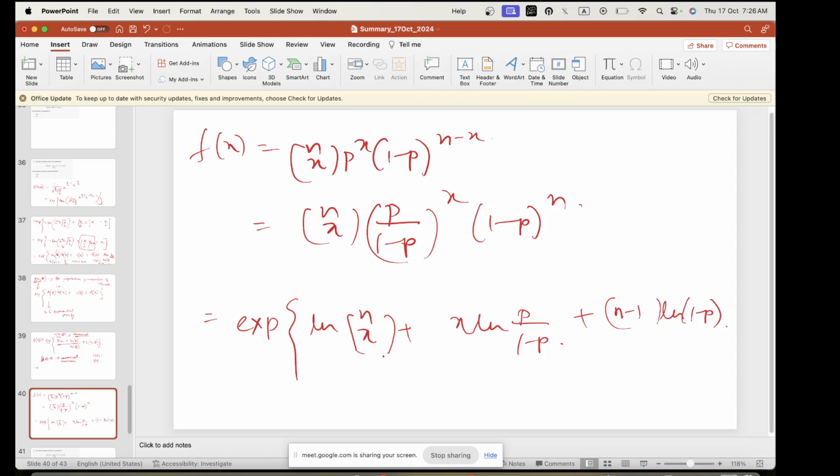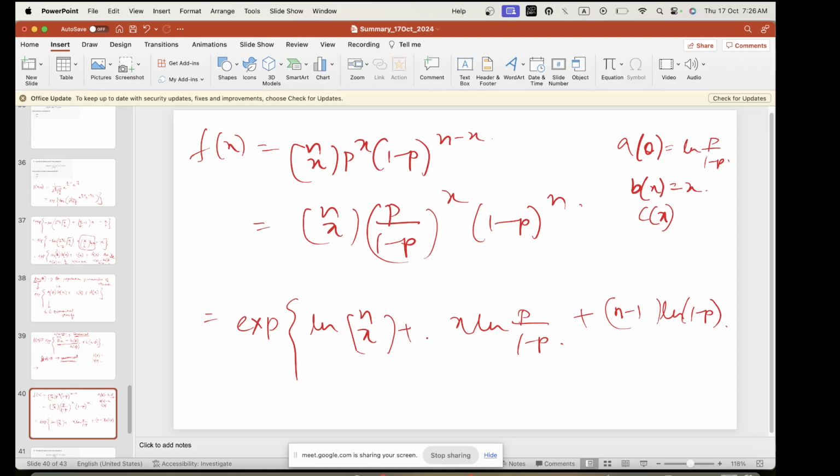Okay, so then theta would be this, ln p by 1 minus p, then bx is x, cx is how much?